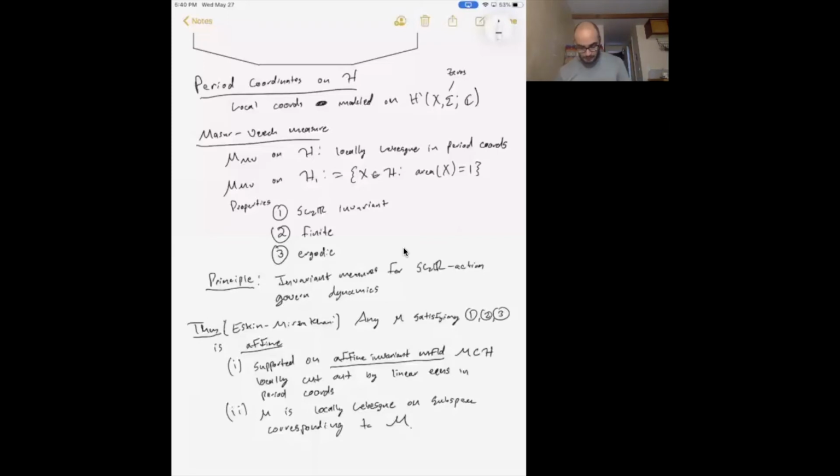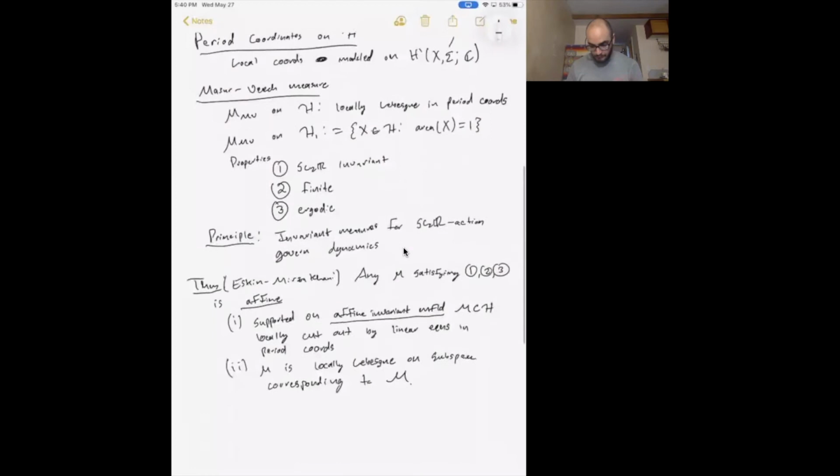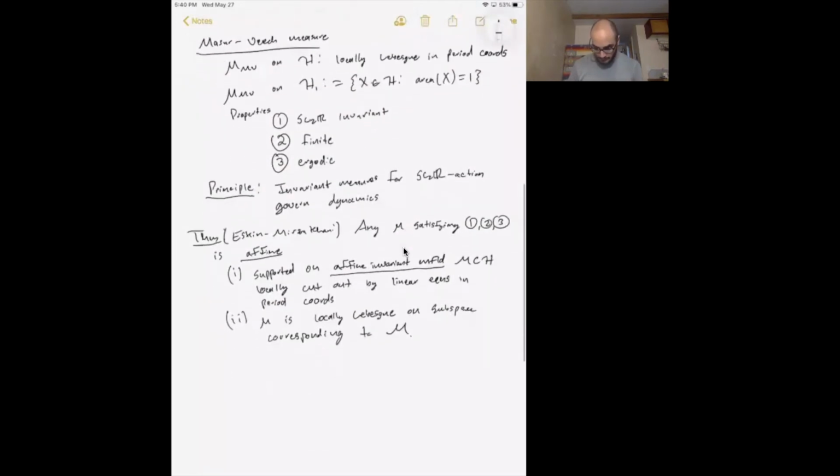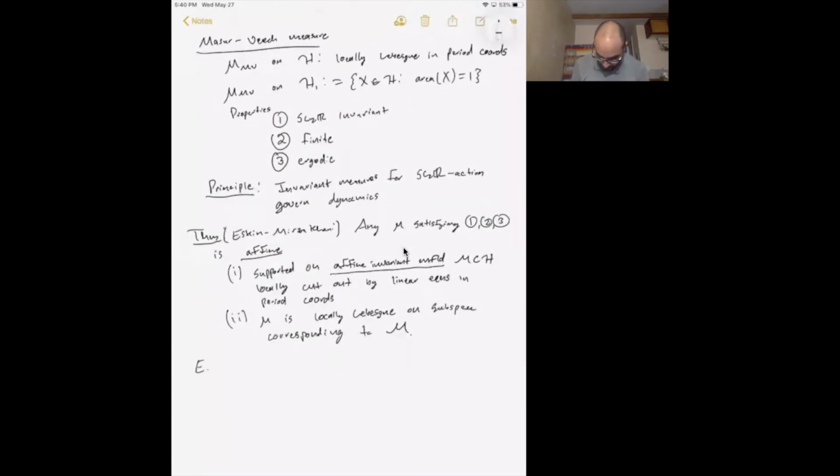So an example of such an affine measure, well, the Masur-Veech measure is an example, but here's another type of example. You can look at what's called the E4 eigenform locus.